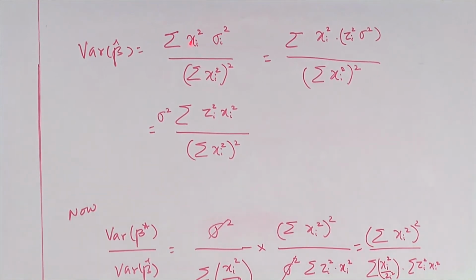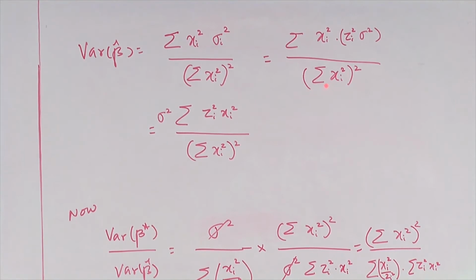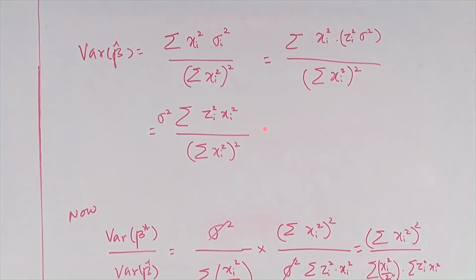If we substitute sigma i square is equal to sigma square zi square, we get sigma xi square into zi square sigma square divided by sigma xi square the whole square. Then we can rewrite this expression as sigma square, sigma zi square xi square divided by sigma xi square the whole square.